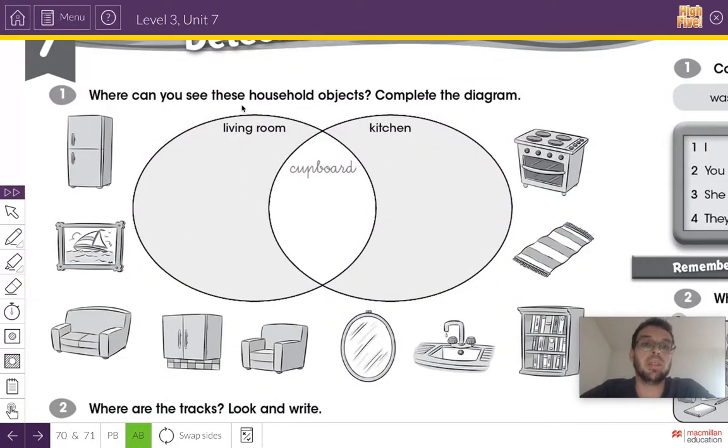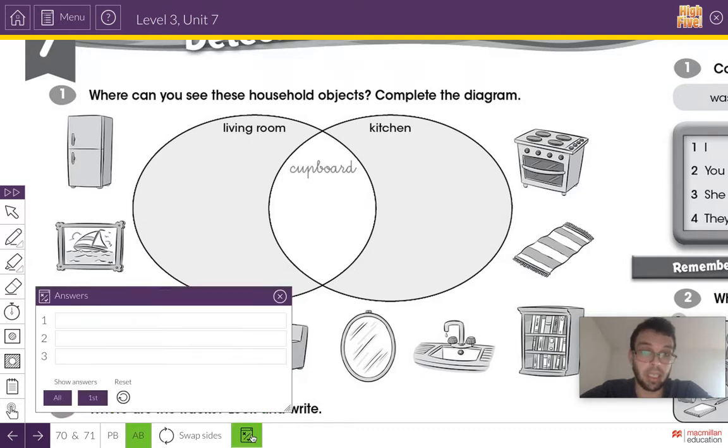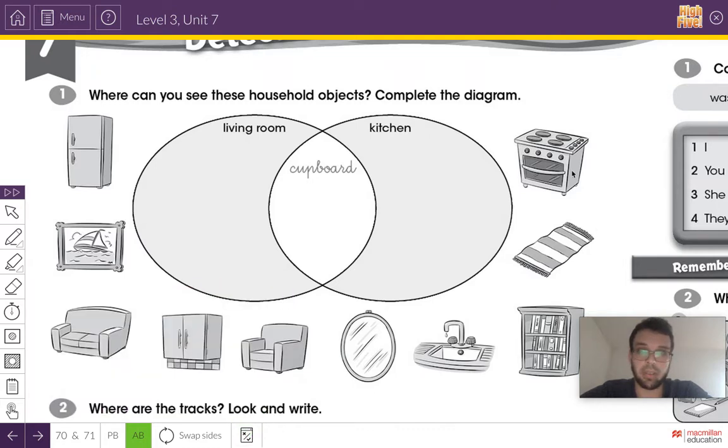All right, so here we've got 2 bubbles. One of them says living room and one of them says kitchen. So we have to name the objects first of all, and we have to write the name in the correct space.